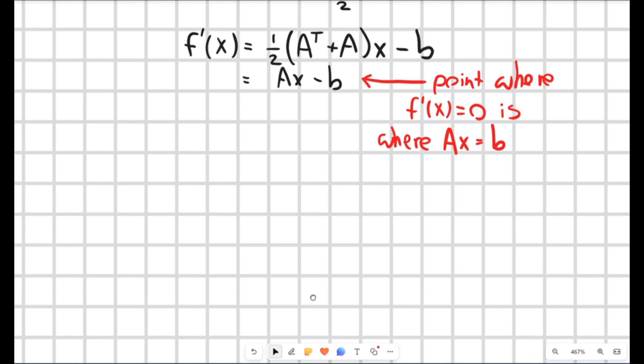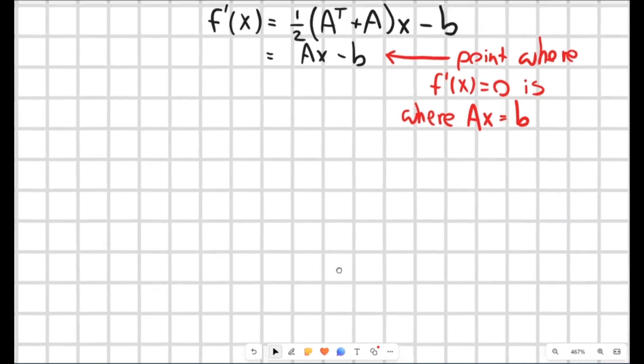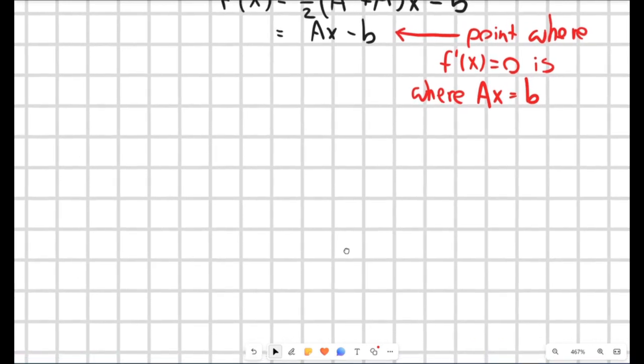And now we're going to show that f of x just has a single minimum as well.